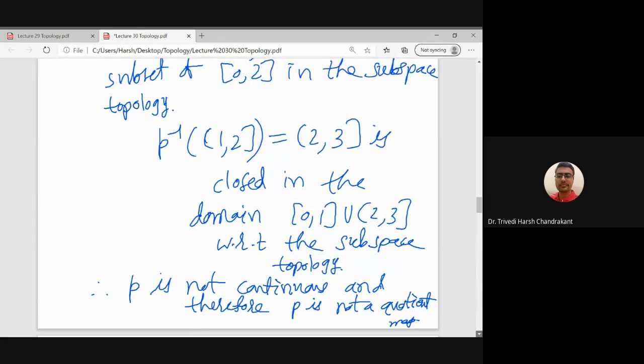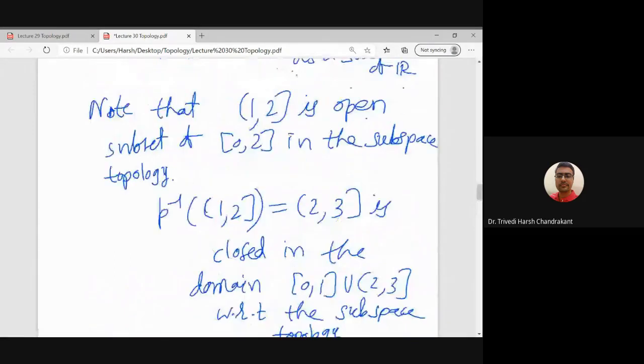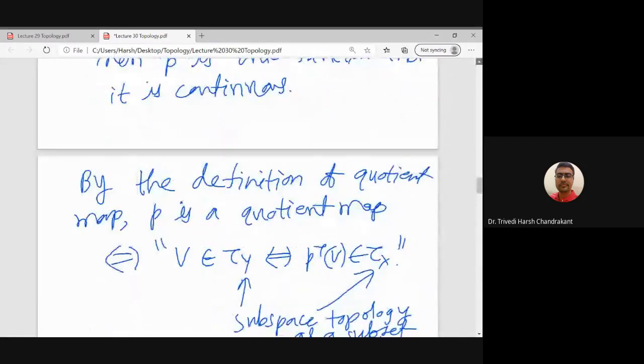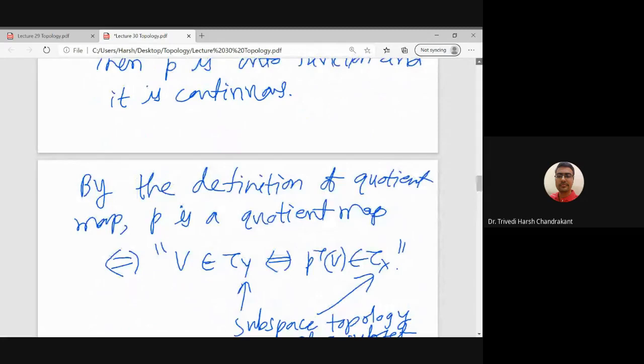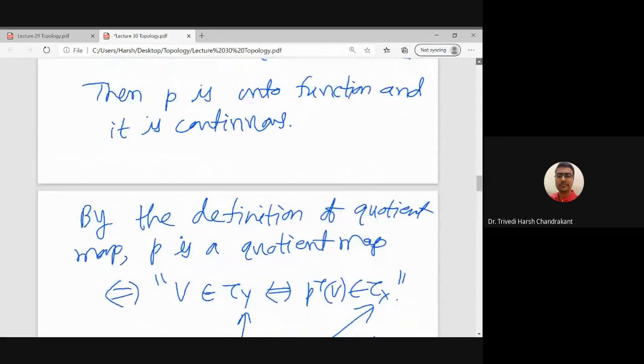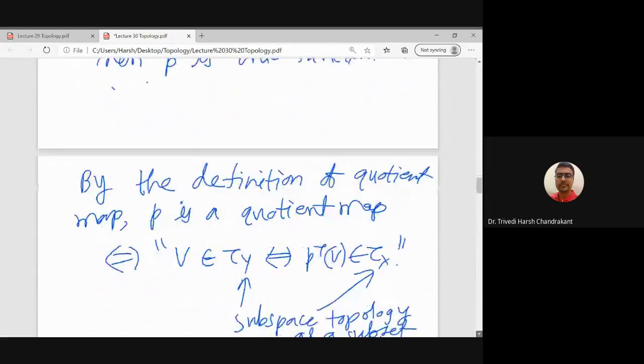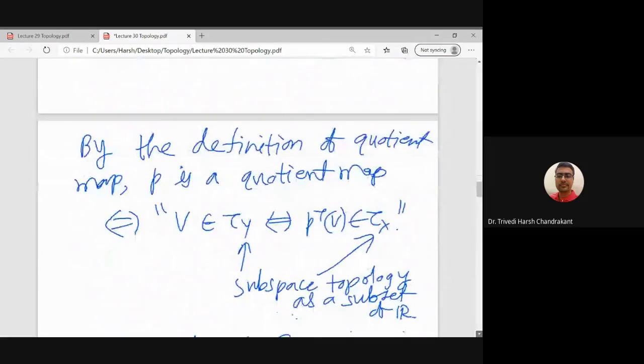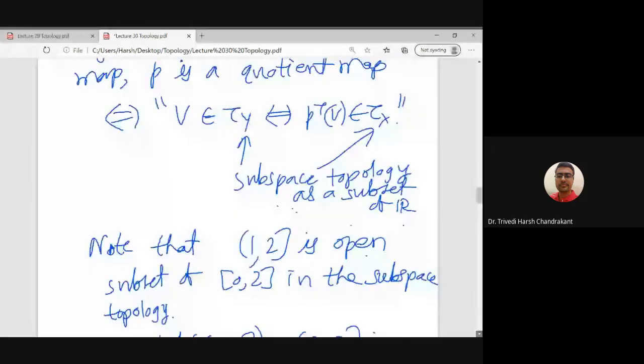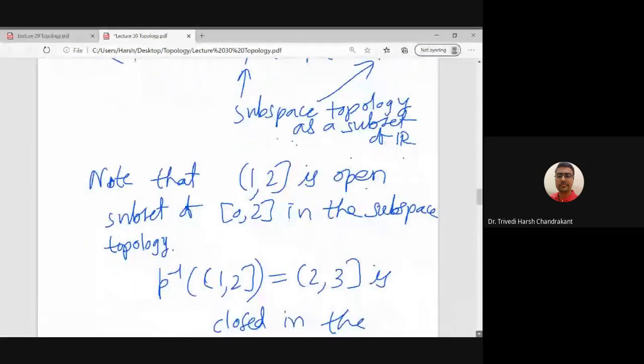So I think what I have written is wrong here, because what I have written is it is a continuous map somewhere. So this is wrong actually, because we have verified that it is not a continuous function. If it is continuous, the inverse image of every open set should be open.